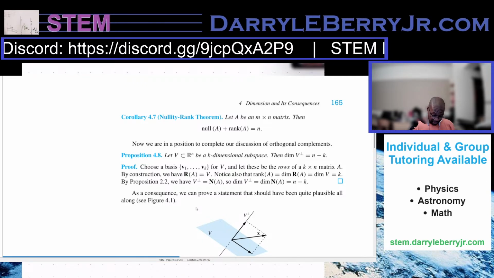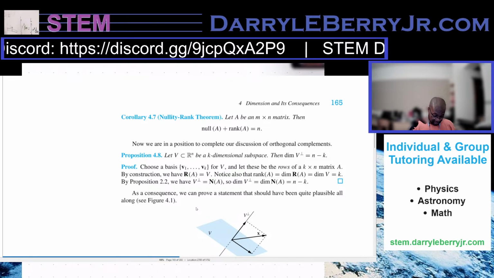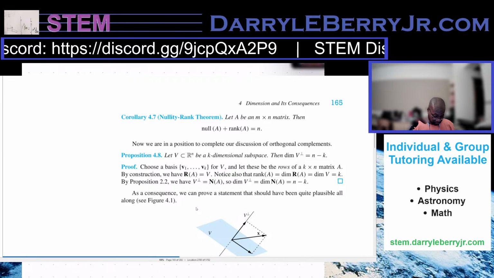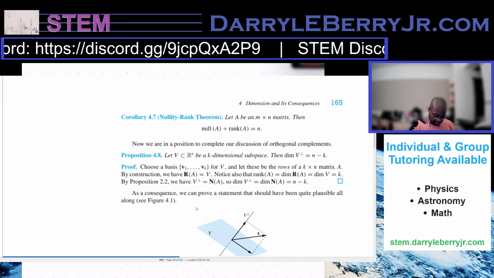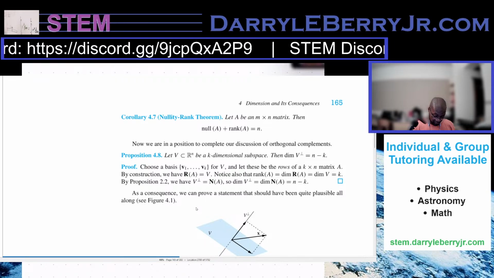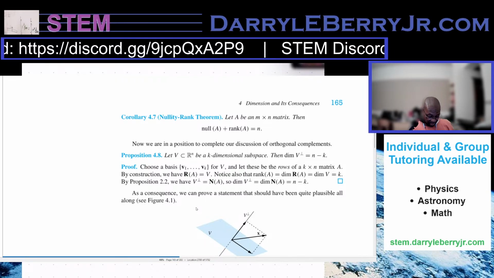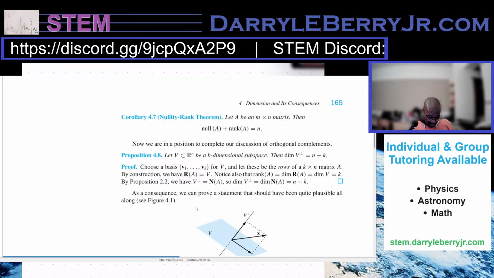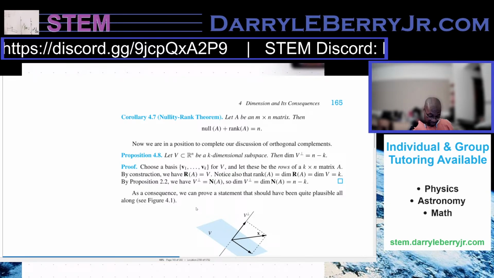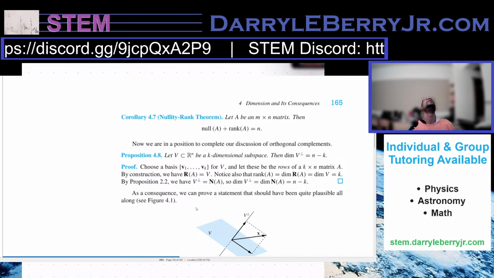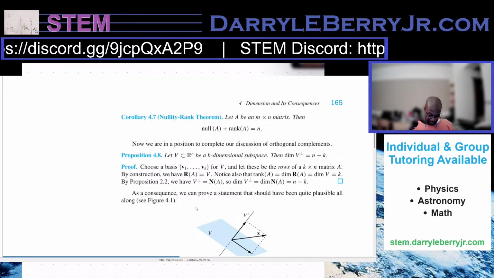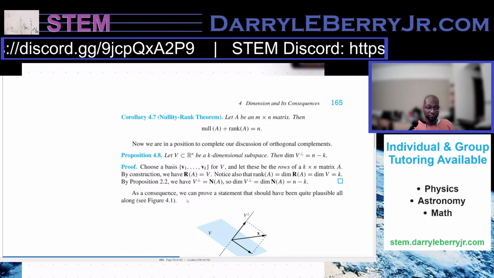So the dimension of the null space in this case is 2. The rank is 2, so 2 plus 2 equals 4, and it does equal n because this is a 3 by 4 matrix. So n is 4, so that works. All right.